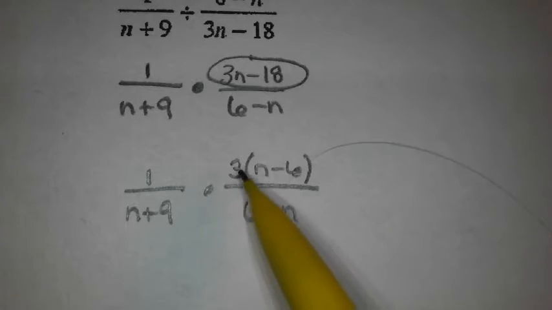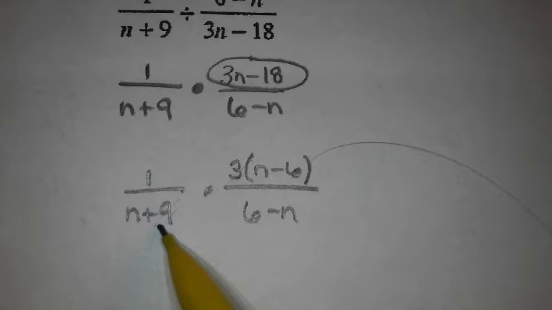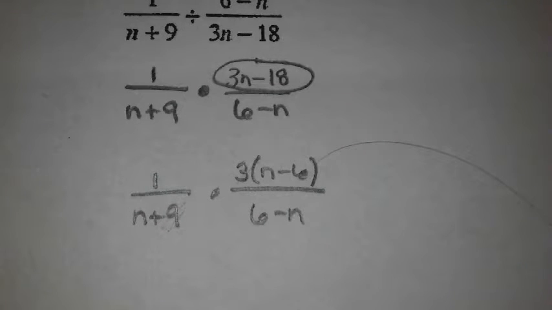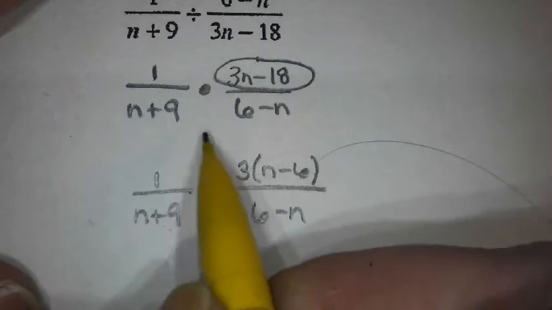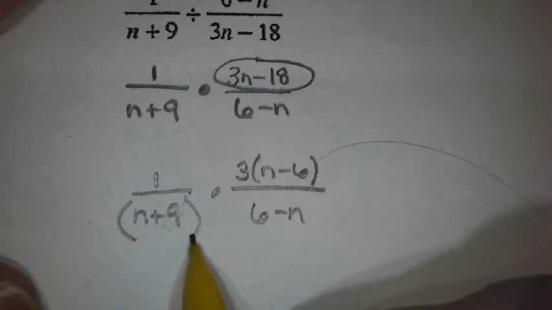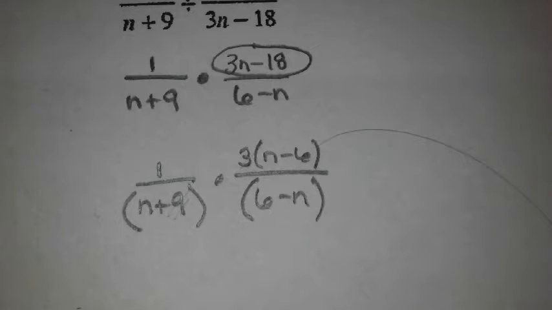Like cancel out this 3 with this 9 and make it like 1 and 3. You can't do that because then you're canceling pieces of polynomials, which we can't do. Which reminds me, if you have binomials, now this binomial doesn't need parentheses, but just to help you resist the temptation, you can only cross out things in their entirety. I cannot cross out a piece of that binomial.